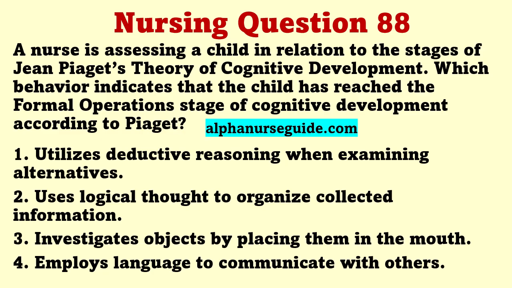Investigates objects by placing them in the mouth. 4. Employs language to communicate with others. The correct answer is 1. Utilizes deductive reasoning when examining alternatives. Rationale. Utilizing deductive reasoning to examine alternatives reflects the formal operation stage of cognitive development. These individuals use symbols related to abstract concepts and are capable of hypothetical and deductive reasoning.